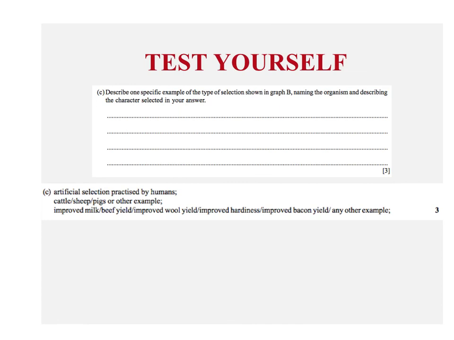Now for the final example, we're looking at directional selection. So you could have gone for bacterial resistance, that's fine, and you would have said, describe one specific example. You might say bacterial resistance in bacteria, and they are selecting for antibiotic resistance, and that's going to increase over time.